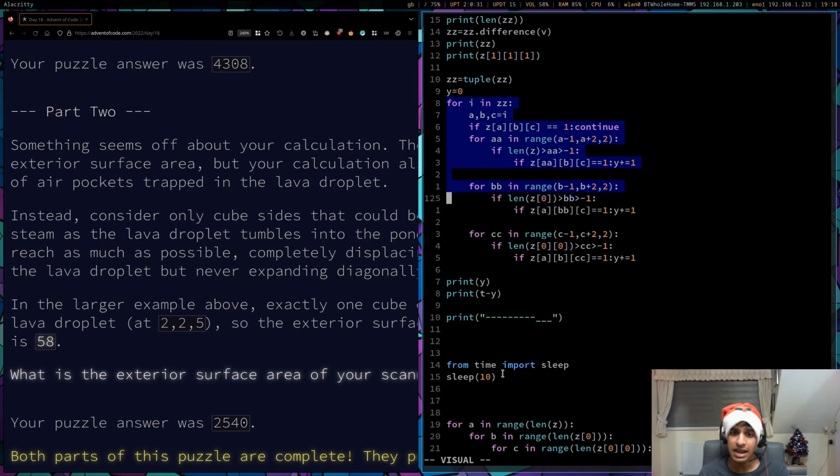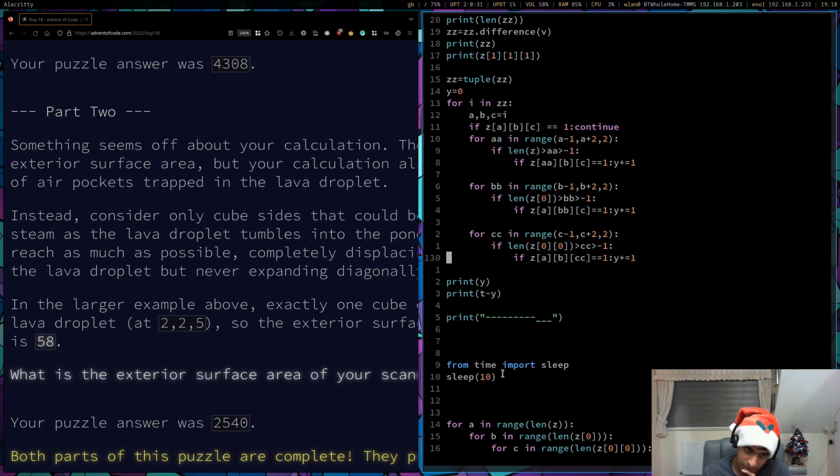So basically what I established at this point, my logic was wrong, but I have a set of everywhere the water's not reachable, which could be either lava or air. The point is, I have a set of coordinates where every coordinate is surrounded by lava, and therefore it's useful, because I can do a check here.